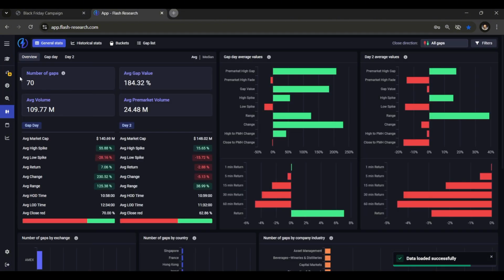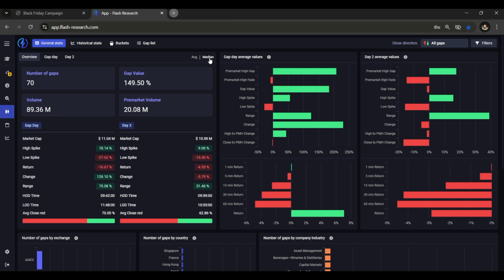The first thing you see is this overview window. Here you will see the number of gaps found with those criteria. This is a quick snapshot of their statistics, both on day 1 and day 2, so you can see what happens the first day and the second day. You can also see all the stats with median and average.